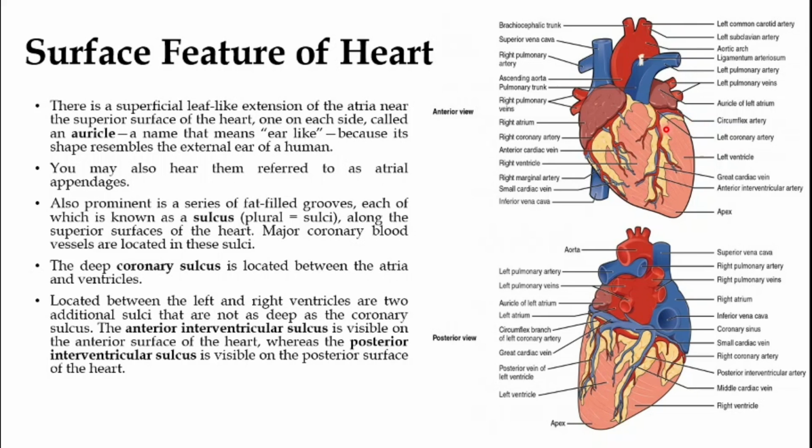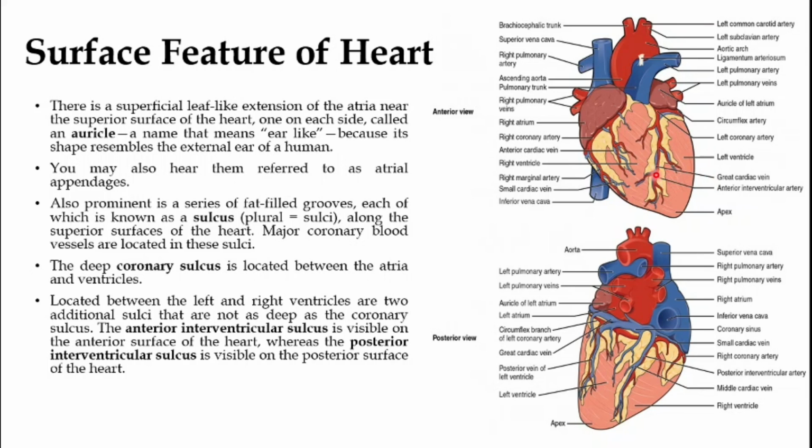Basically these are the coronary arteries which are on the surface of the heart, and we will discuss the coronary arteries in the next lecture. These are the branches of the coronary arteries which we will discuss later on. This is the left ventricle, this is the right ventricle, this is the right atrium, and this is the left atrium. We have discussed the chambers of the heart in the previous lectures.